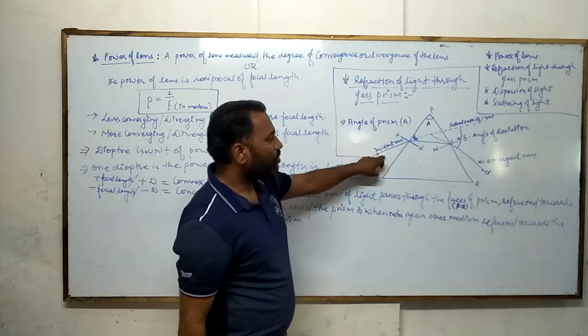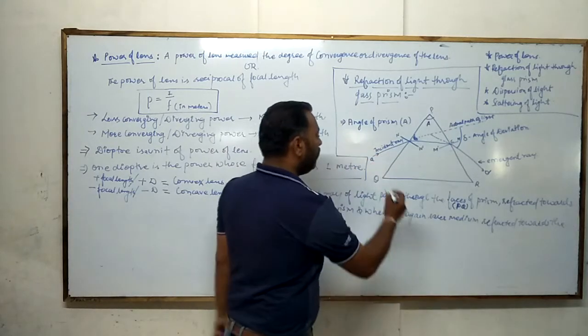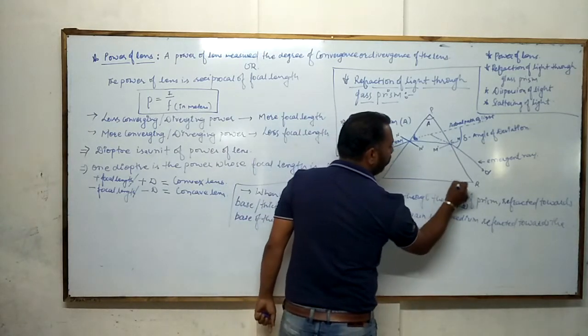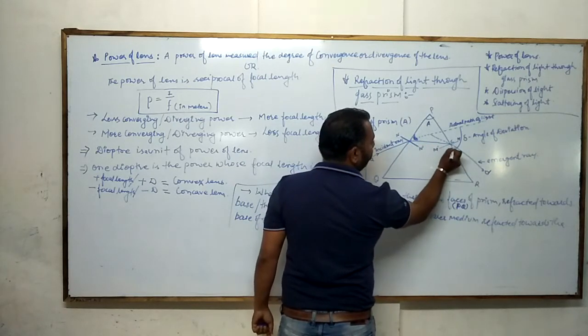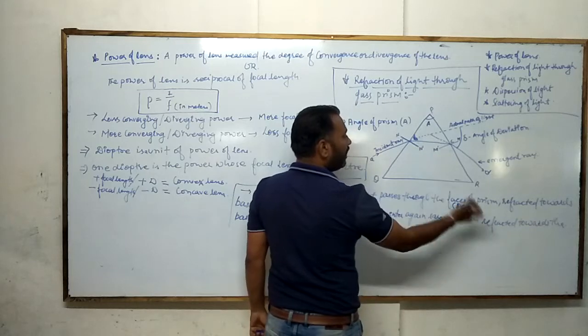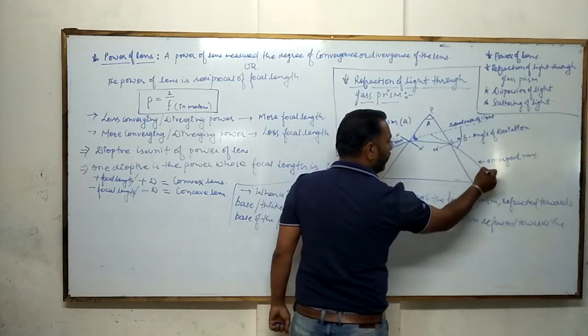The incident ray is first refracted towards the base or thicker part of the glass prism. So you have to see that it is going downside. Then again when it is refracting, it goes downside.